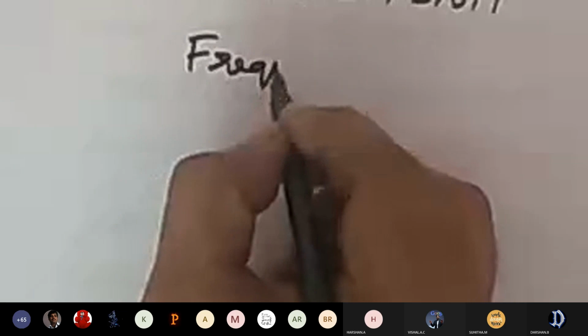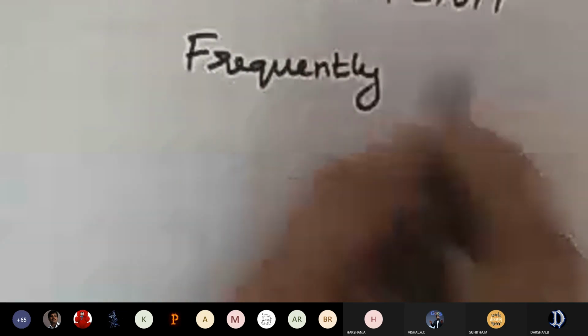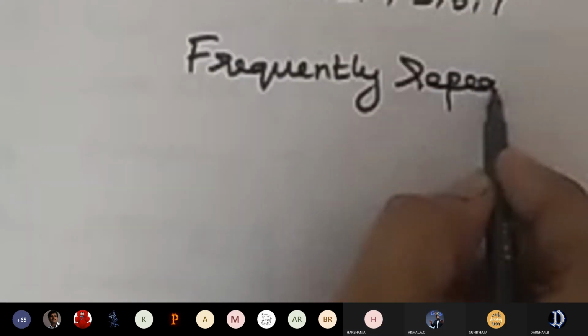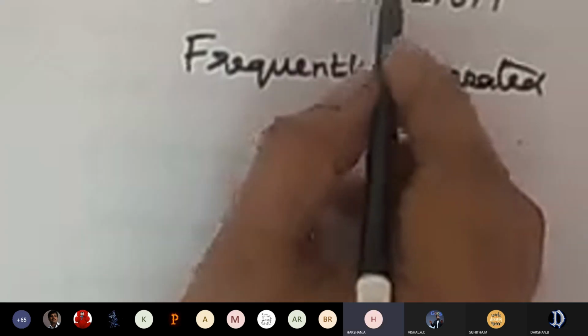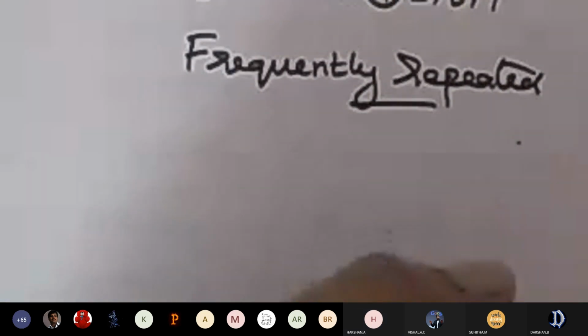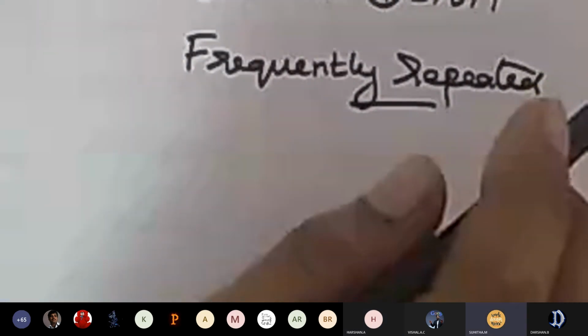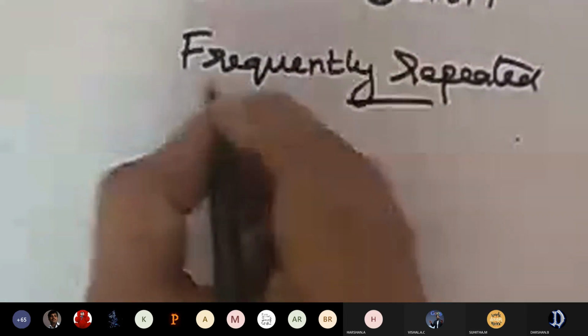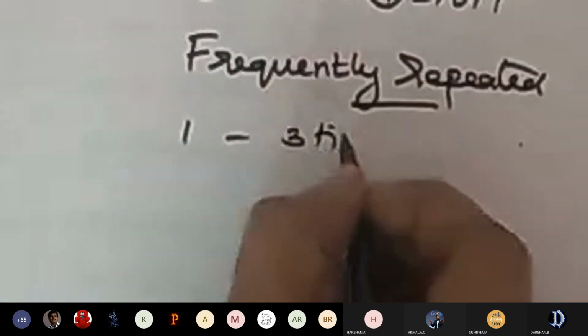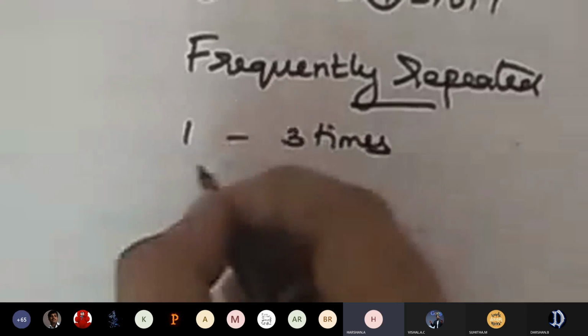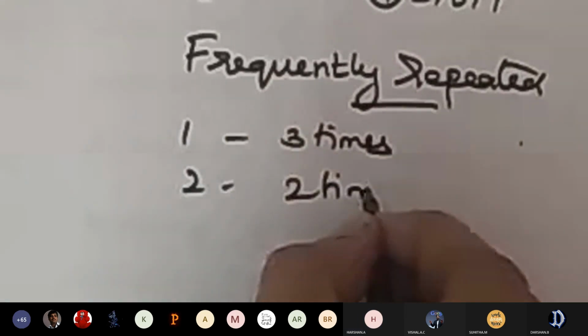So in this data, which number is frequently repeated? One, 3, 2. 1 occurs 3 times, right? 2 occurs 2 times.